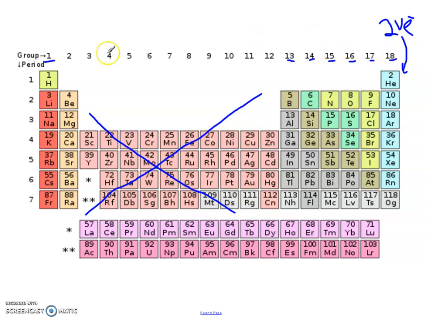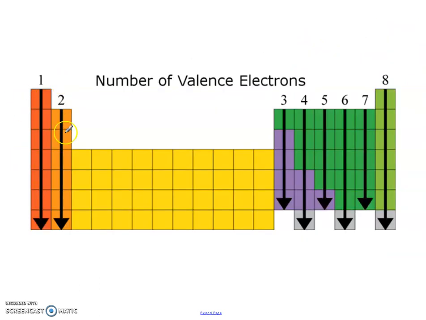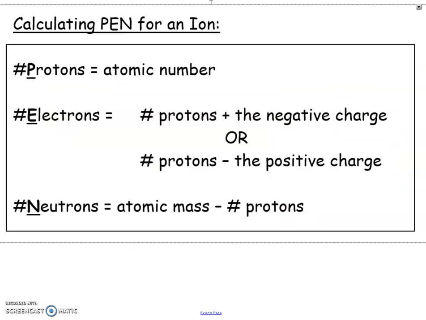Everything else is 1, 2, 3, 4, 5, 6, 7, and 8. This picture here is a nice one: 1, 2, skip over a few, 3, 4, 5, 6, 7, 8, except for this one here, that's helium. Helium has only 2. Hopefully that's a nice little trick for you to remember the valence electron count.